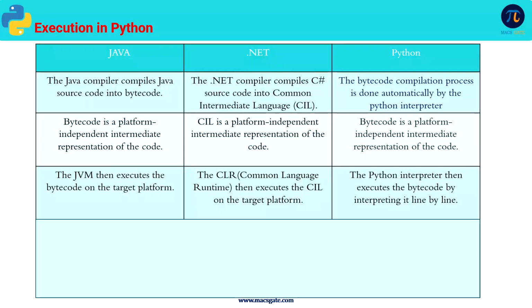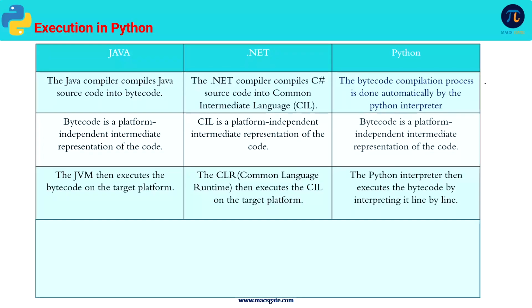Now in Java, the Java virtual machine executes the bytecode on the target platform. So we get the machine code of the target platform. Similarly, in .NET, we have the CLR, the common language runtime, which executes the CIL on the target platform. Now here in Python, the Python interpreter executes the bytecode by interpreting line by line. So all the three are platform independent, that is portable.